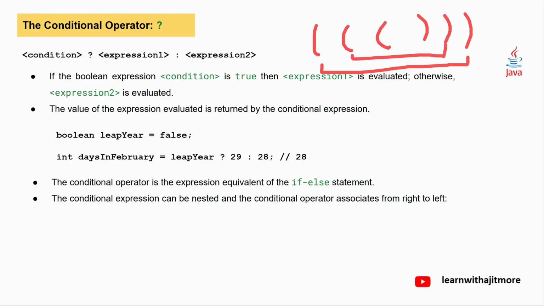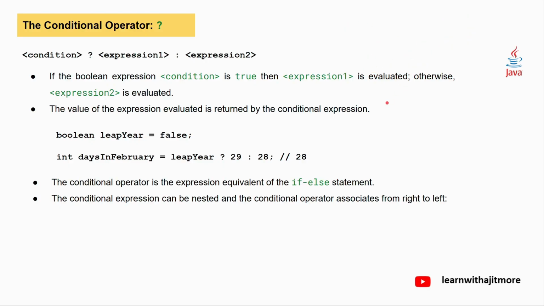Isn't it? This is a common technical round question. On the LeetCode platform, it is a very common question: write a program to check whether the expression has balanced parentheses. And they will ask you which data structure you'll use. You'll be using the stack data structure. The best data structure is stack.